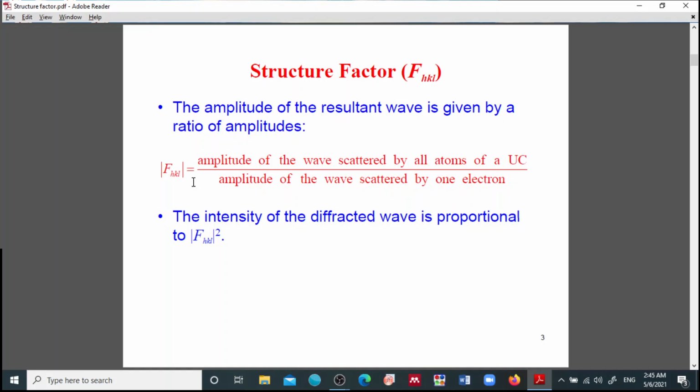So this F_hkl is basically the ratio, and as is written in here, the number of atoms per unit cell should be considered, and these are of course electrons that re-radiate the incident beam. And when we are interested in the intensity of the diffracted wave, then this intensity is proportional to the modulus of F_hkl whole square.